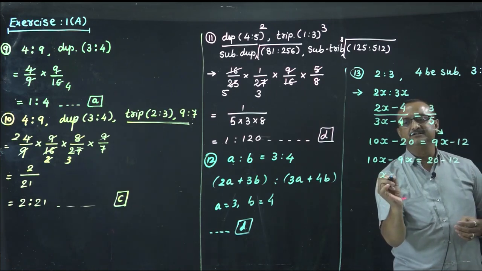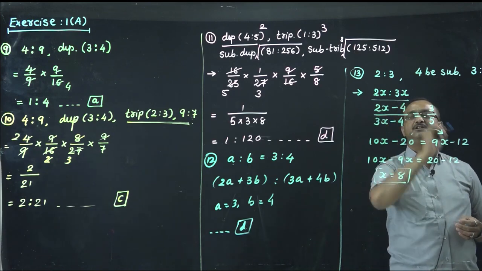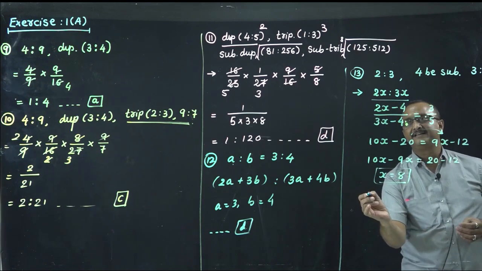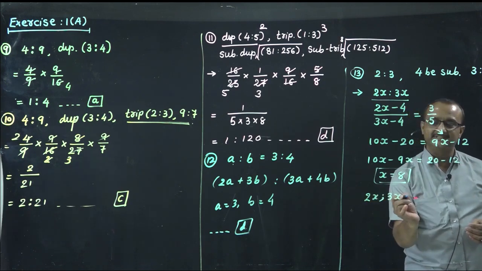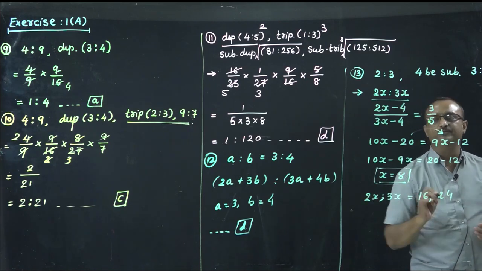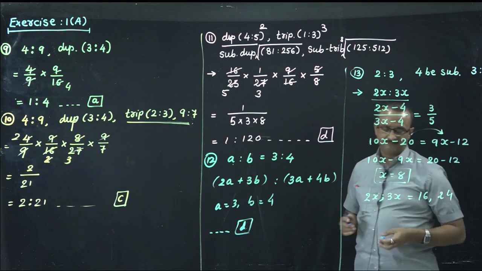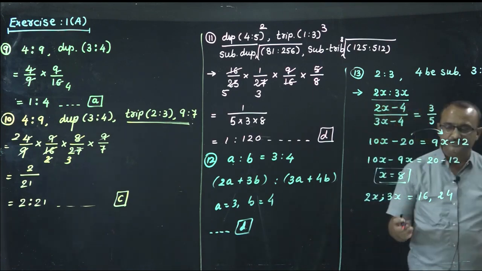So x is equal to 8. Our two numbers are 2x and 3x, which is 8 2s are 16 and 24. This is the proper method of solving this example, but we are taking a shortcut here.